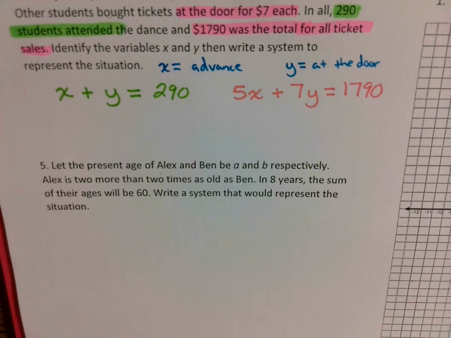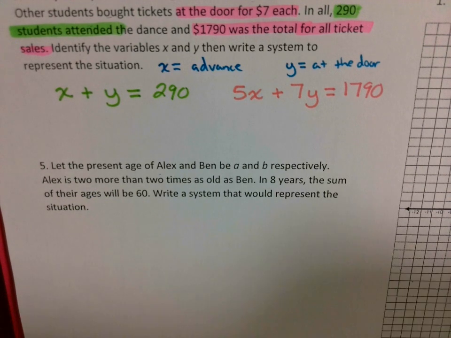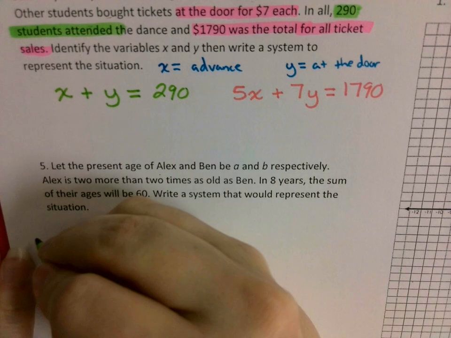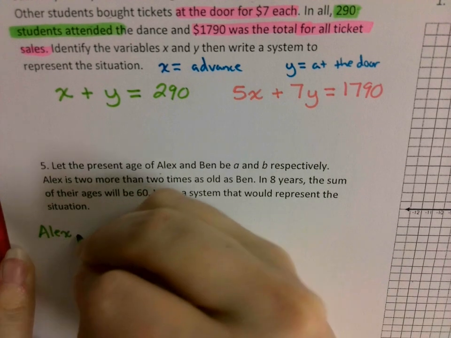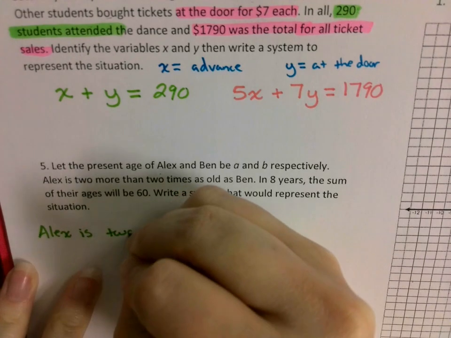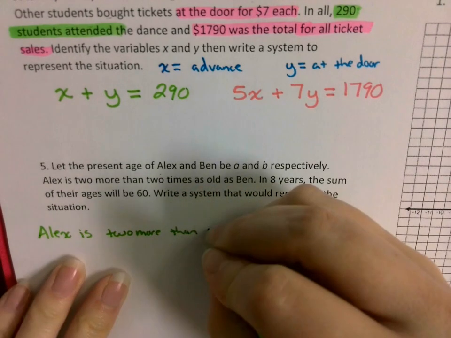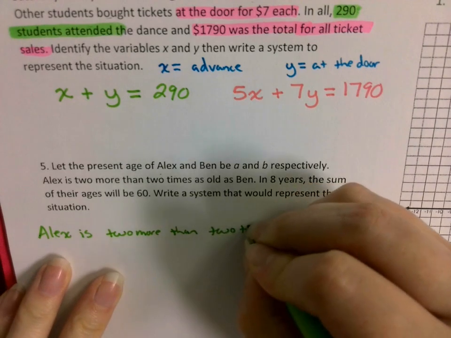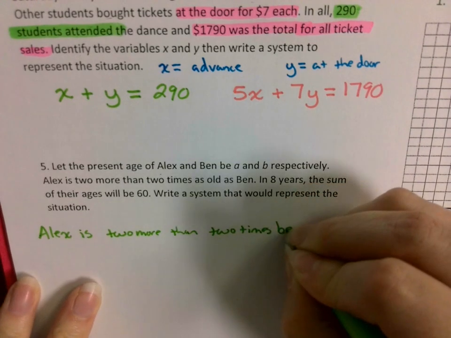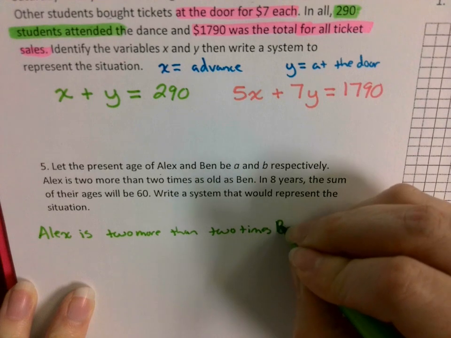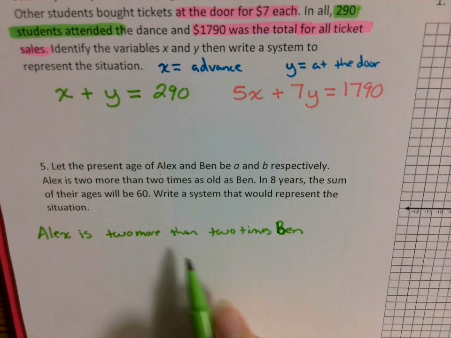So if I write that statement down, I'm just going to write that statement right here. Alex is 2 more than 2 times Ben. Okay? Alex is 2 more than 2 times as Ben.